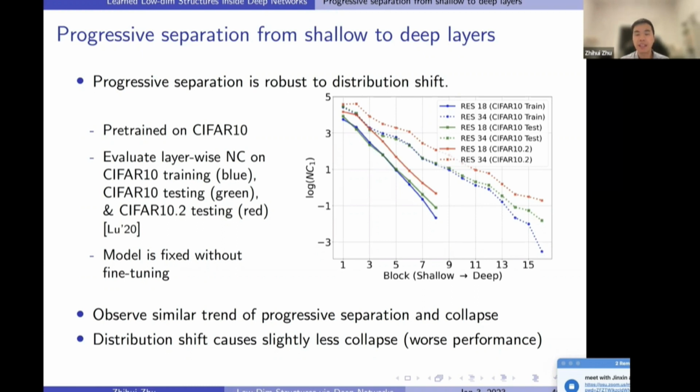The second observation is that the red curves are slightly larger than the blue curves, and also the green curves, which means that distribution shift will cause slightly less collapse, which in turn gives slightly worse performance.